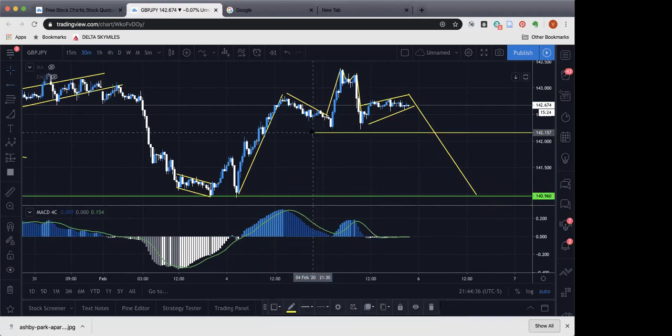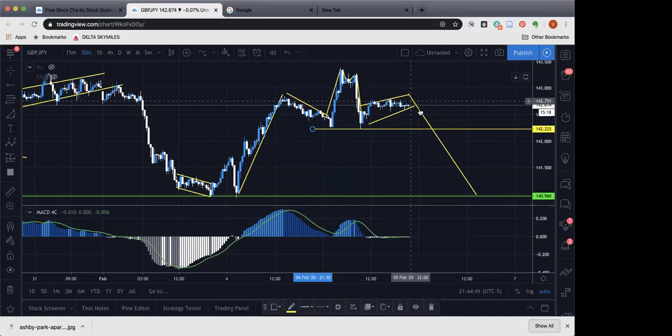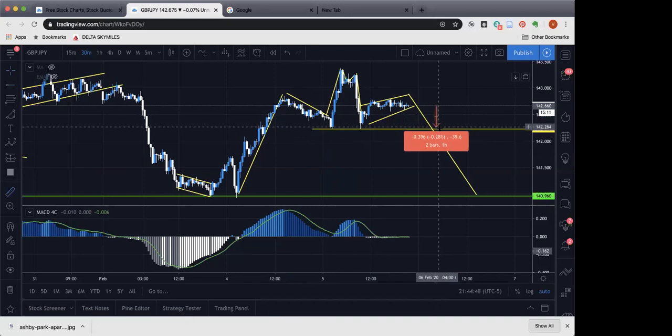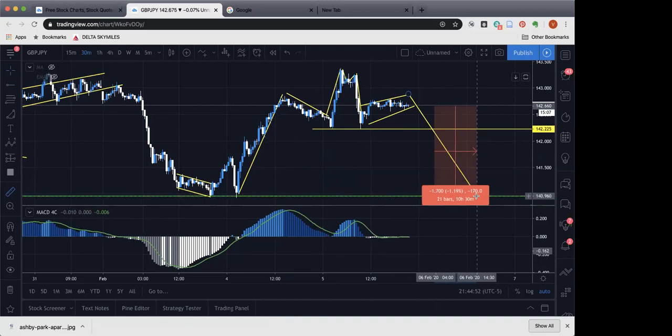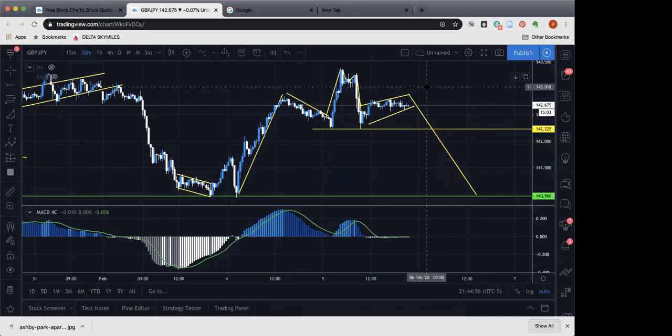I mean, look at that. That's the wick right off the neckline. So you can pretty much take profit from here to here, which is about 40 pips. Or you can ride it down this whole way, back to the zone, and see if it gives you a reversal pattern.